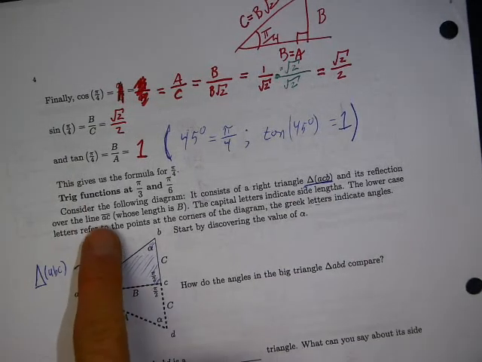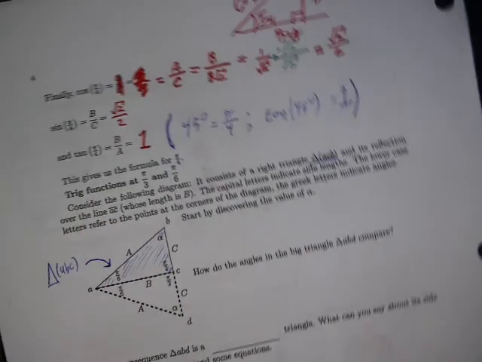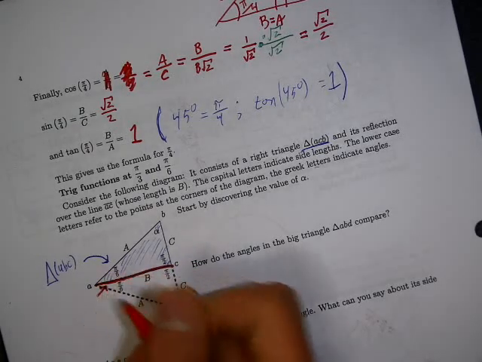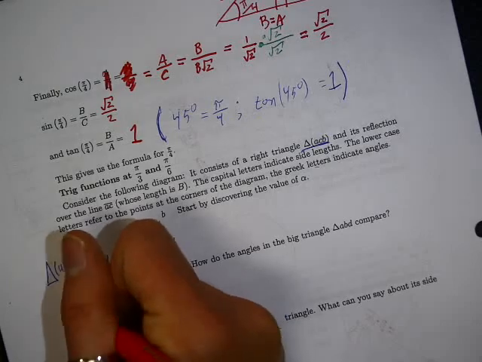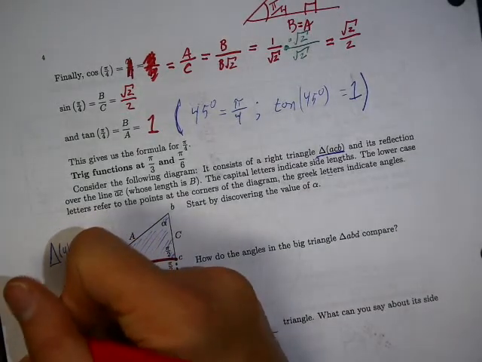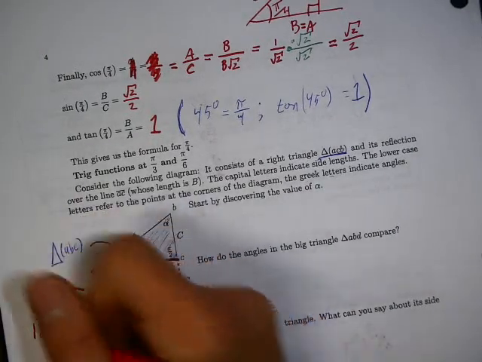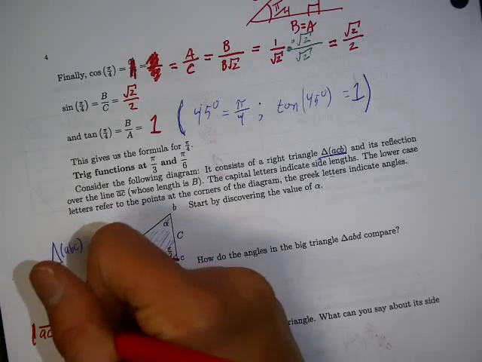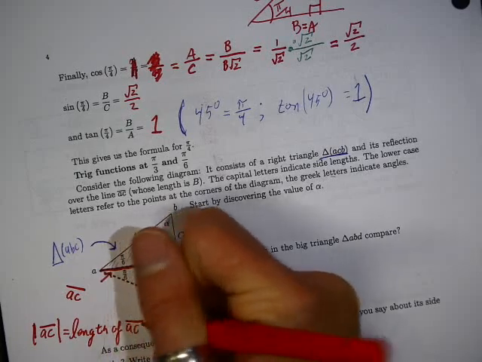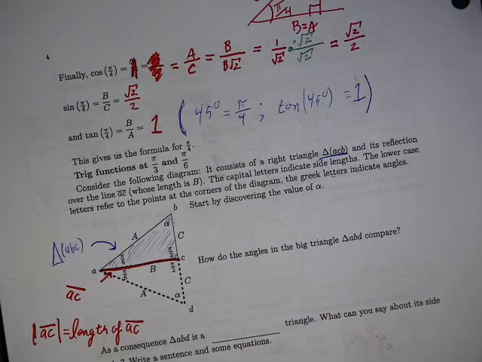I will denote a line with its endpoints with a bar between them. So that line is AC with a line on top of it. And one other thing, if I write a side length and put vertical bars around it, looking like absolute value, that'll mean the length of that line segment. So that's just some notation, which is handy when you're talking about these things.